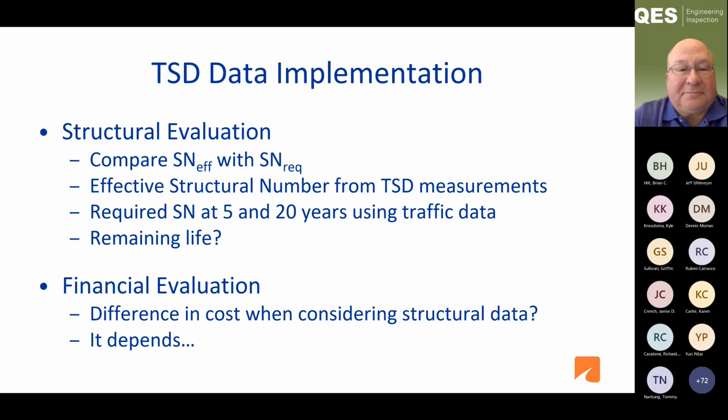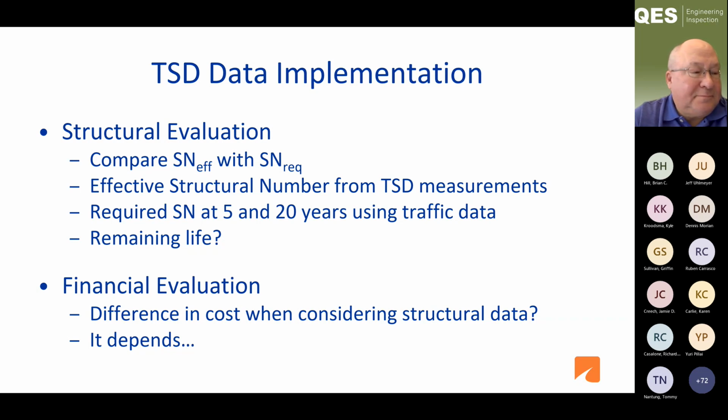So we determine the effective structural number from TSD measurements. And we look at the required structural number at 5 and 20 years using traffic data. And then we go through and compare the two, and we get some sort of idea of perhaps a remaining life.